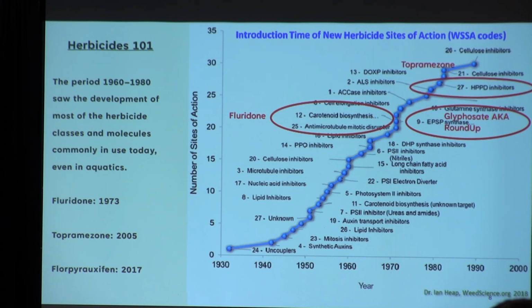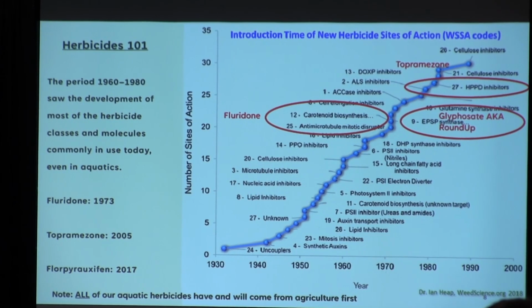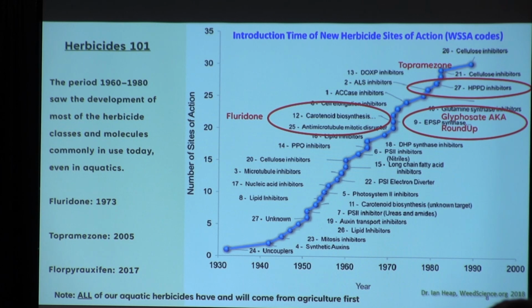Here we have topramezone. And then not even on this list is the latest herbicide, florpyrauxifen-benzyl, which I believe will be talked about later today. So I won't spend any more time on that. It's important, though, to know that every single mode of action that we have available to us in the world of aquatics originally came from agriculture.